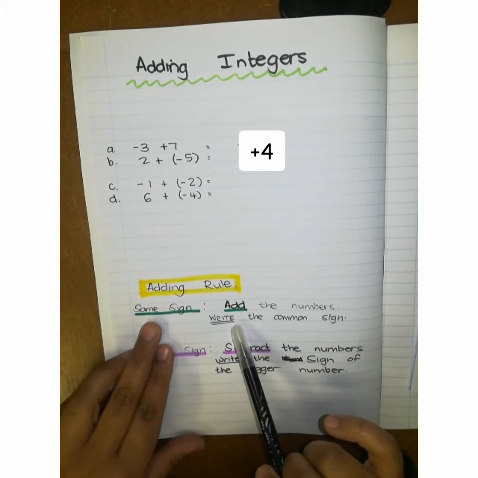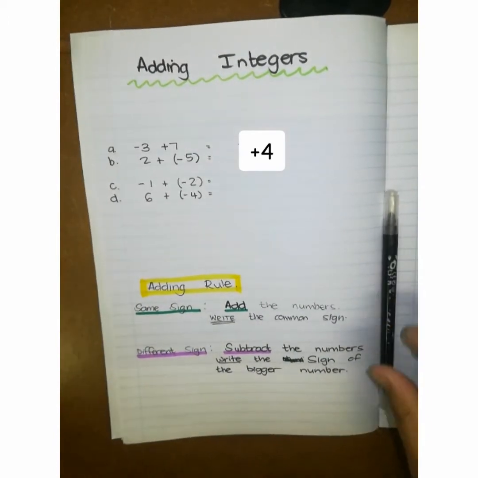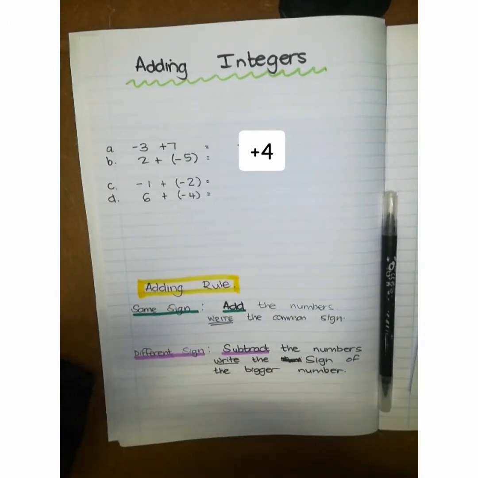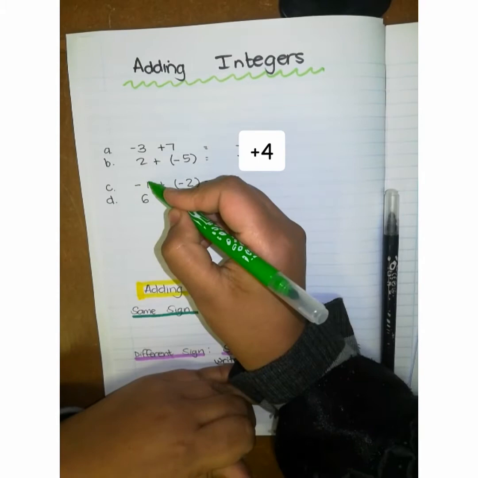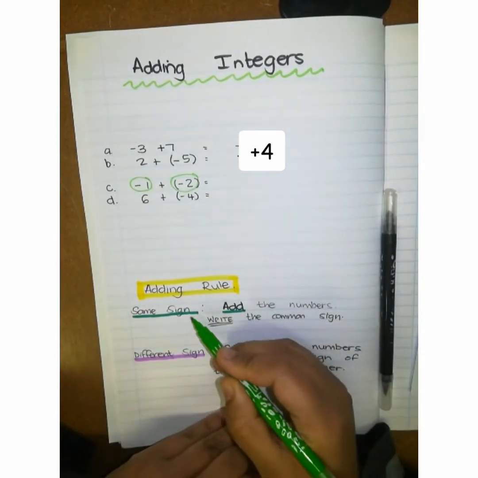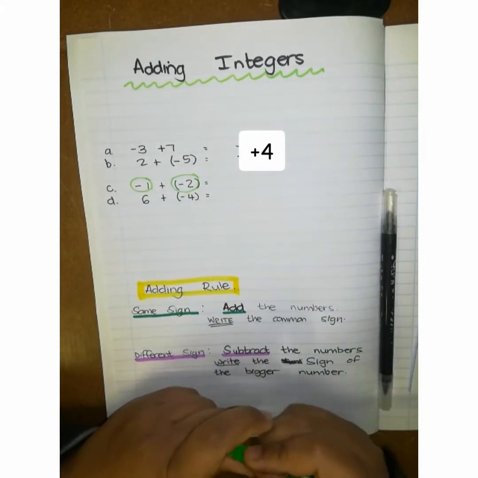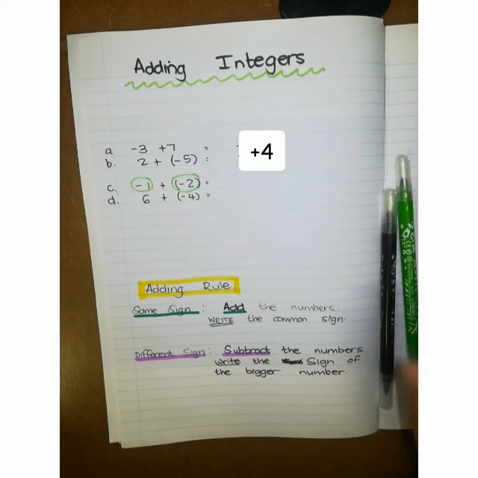So simply put, let me use a color pen to highlight this for you. I have a negative 1 and a negative 2. They are the same sign numbers I am adding. I write the common sign.